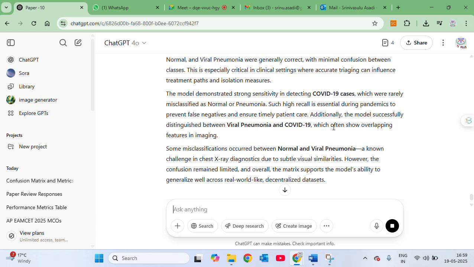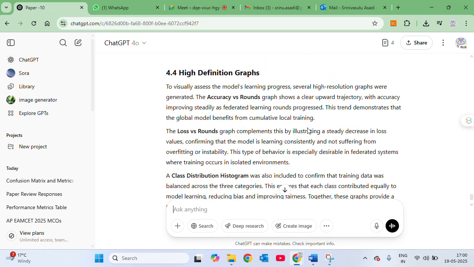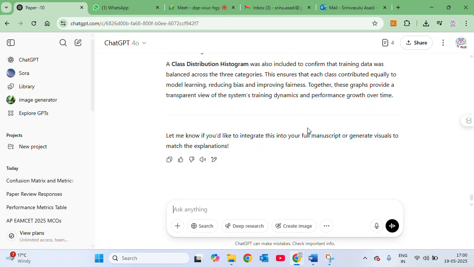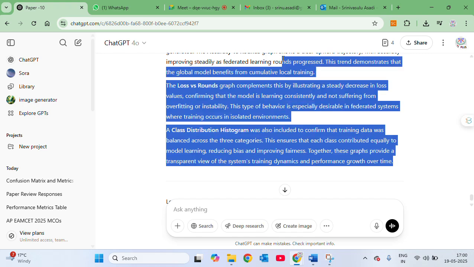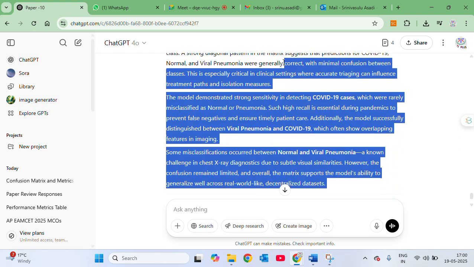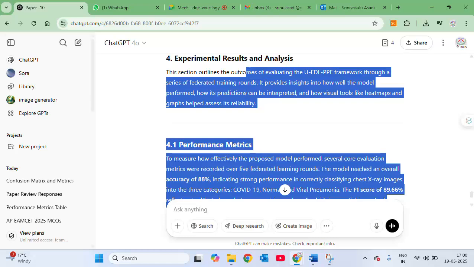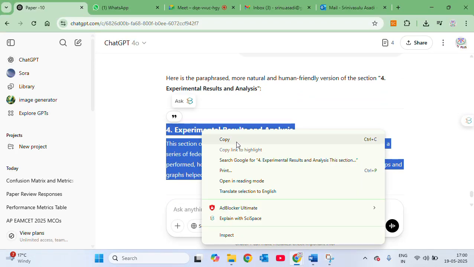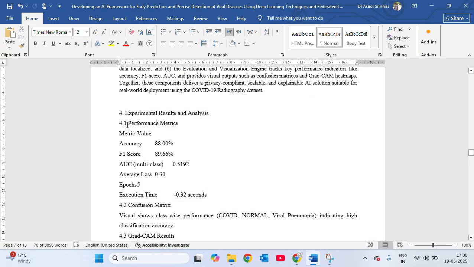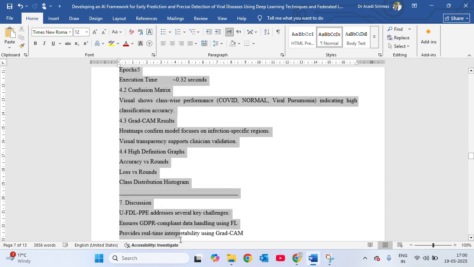So like this, four side headings we got it. Now we need to paste it here up to 4. Okay, now we are going to paste here the experimental results.